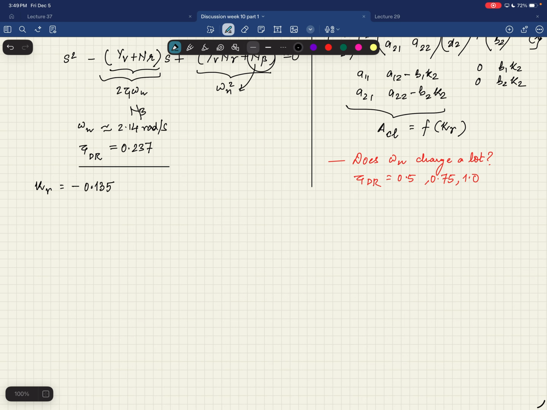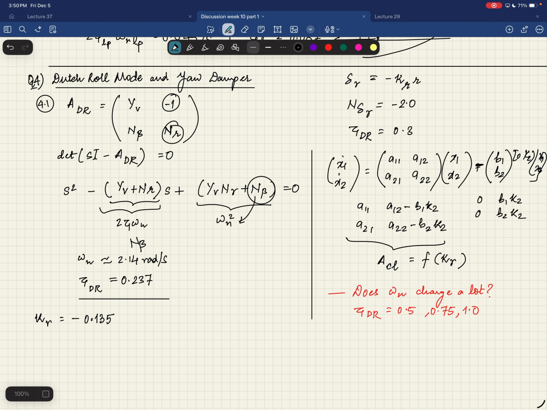So what happens when the aircraft yaws to the right? That means your R is positive and we want to stop it. Do you need a negative yawing moment or a positive yawing moment? Negative. Excellent. Now what did I give you? N delta R is negative. Okay. And then KR is also negative.